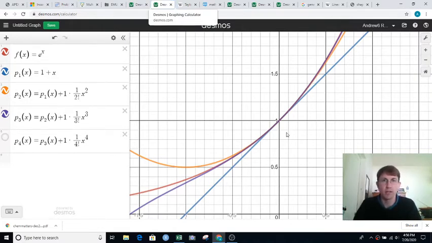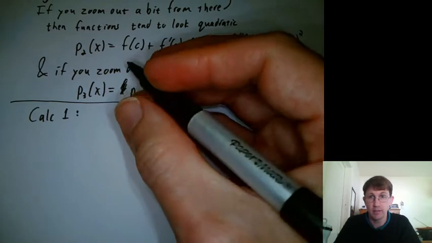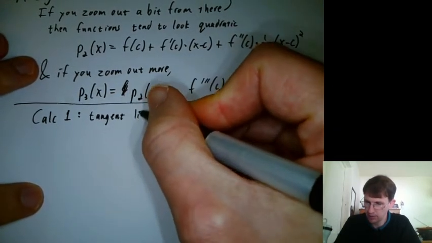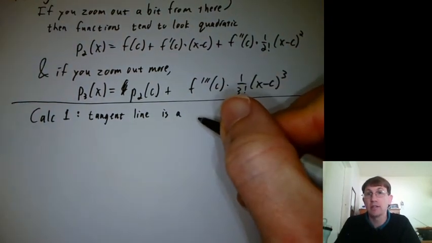And so when I said if you zoom out more and then I wrote the P3 thing, I didn't mean that only works if you zoom out more. It's just it feels more necessary because we start seeing the curvature more. Another way to say it, in Calc 1 we did a tangent line, and another word for that was what? It's a linearization of the function.